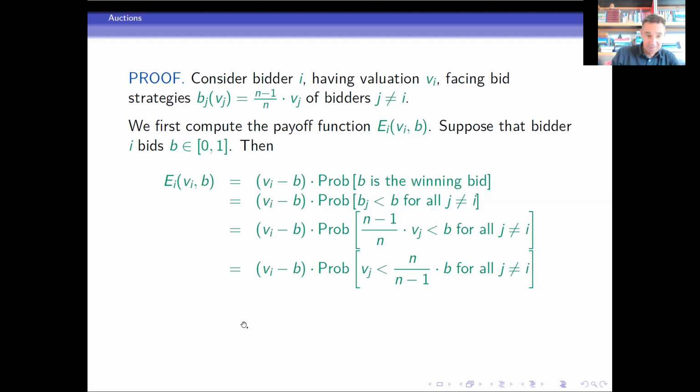So what I get here is now that this is going to be Vi minus B times, yeah, the probability that Vj is smaller than this is that number.